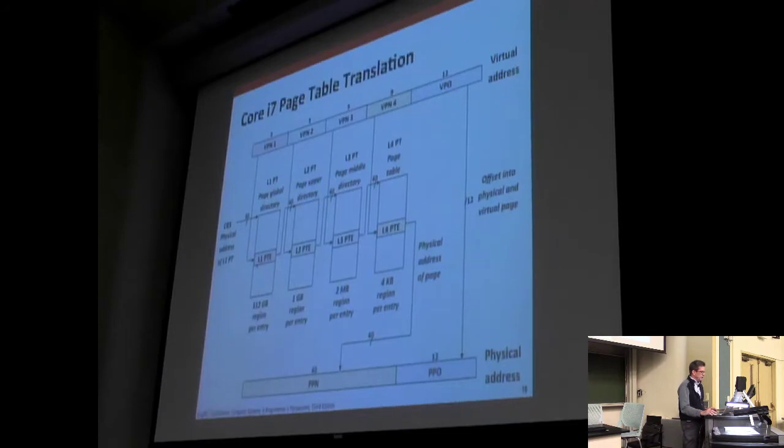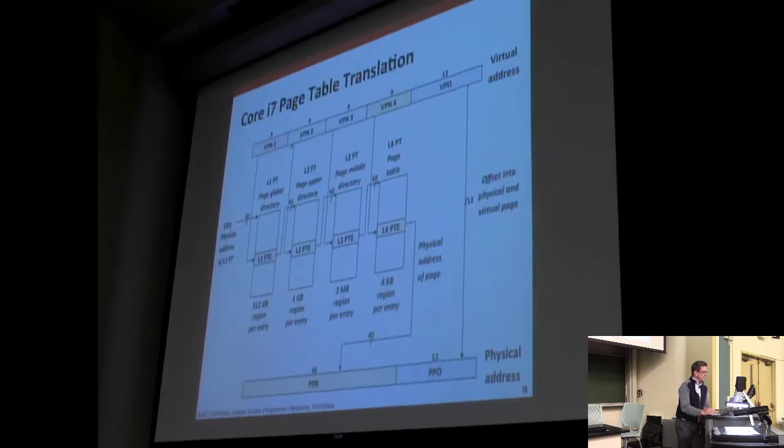You can see each level 1 PTE covers a swath of memory that's 512 gigabytes in size. So for most programs that exist today, you only need one level 1 page table entry to be initialized. That would cover the vast majority of your programs.